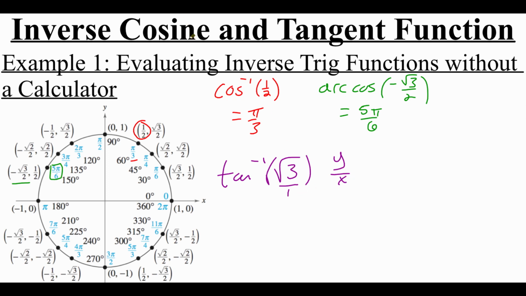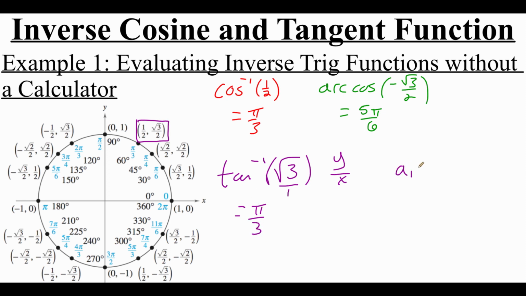So I'm looking on the right-hand side of our unit circle for a y value that has a √3 in it and an x value that has a 1 in it. I'm looking up at the top here at this pi/3 angle. My y value has a √3 in it, and my x value has a 1 in it. So the inverse tangent of √3 is pi/3.